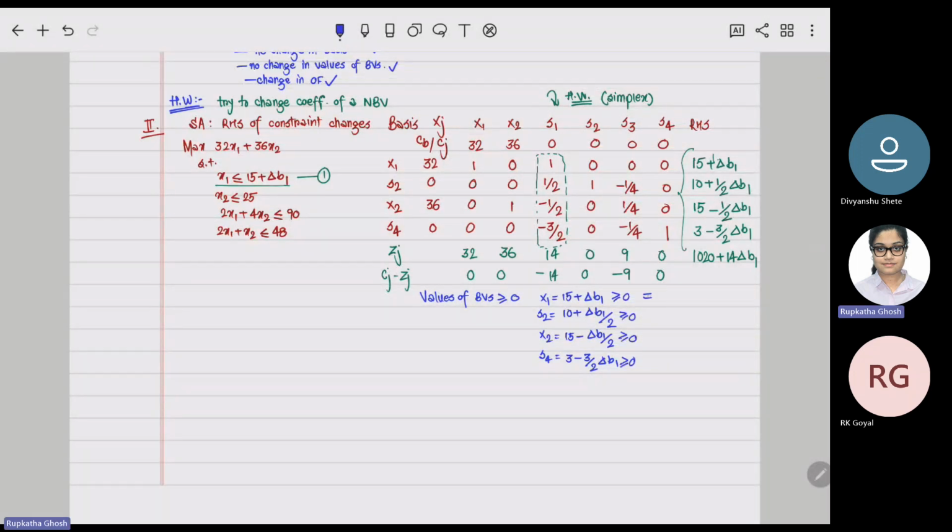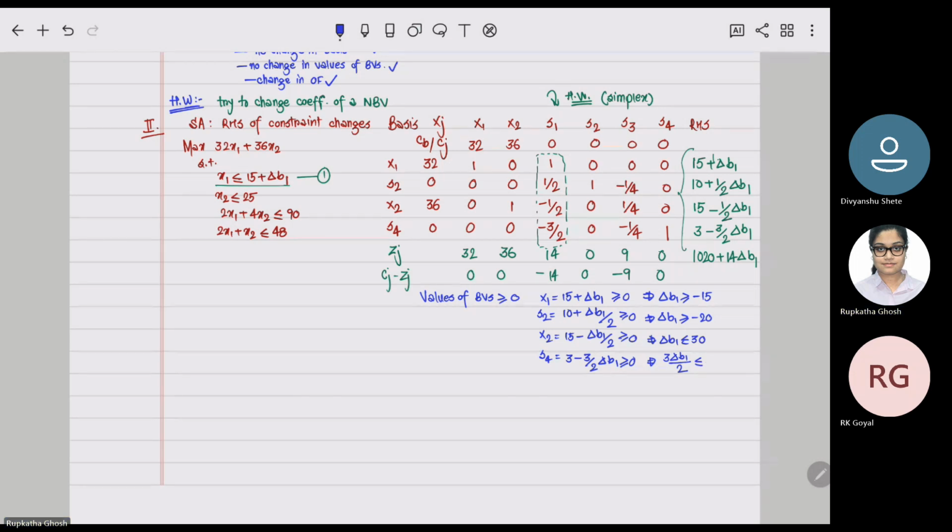So if I solve this, the first one I get is delta B1 greater than or equal to minus 15, delta B1 greater than or equal to minus 20, delta B1 less than or equal to 30, and this last one would be 3 delta B1 by 2 less than or equal to 3.